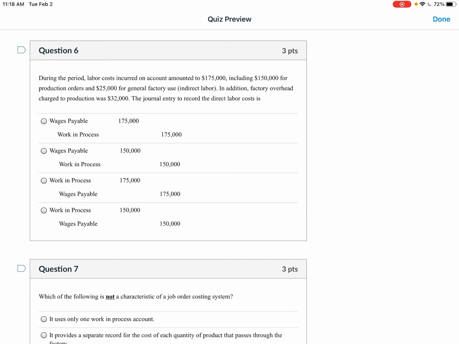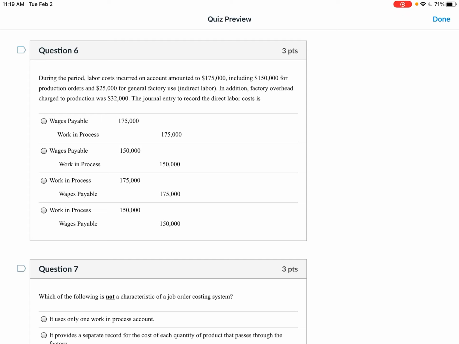All right, so you should automatically be able to weed out two of these. So what type of account is wages payable? It's a liability, right?